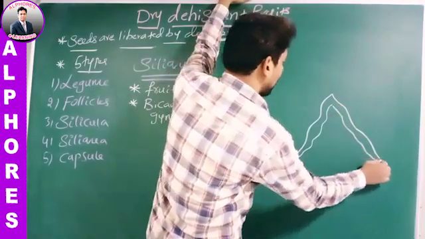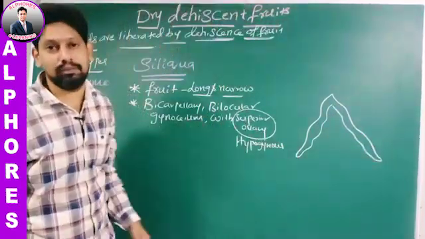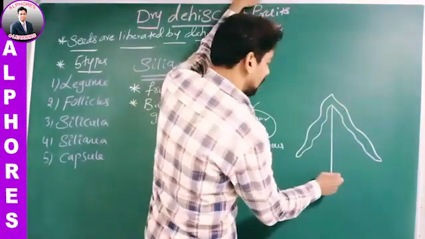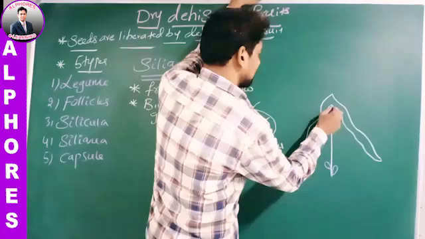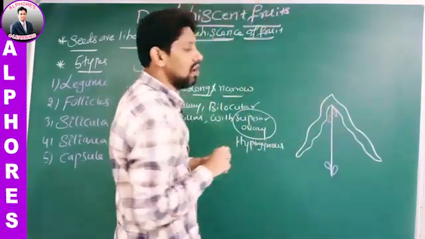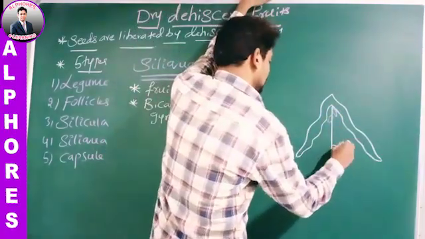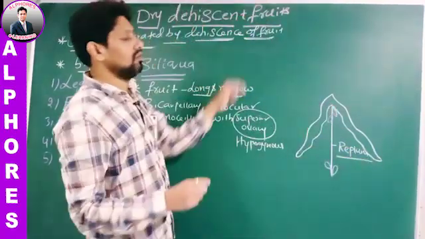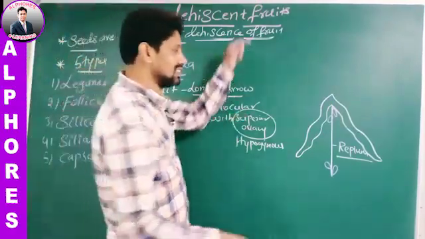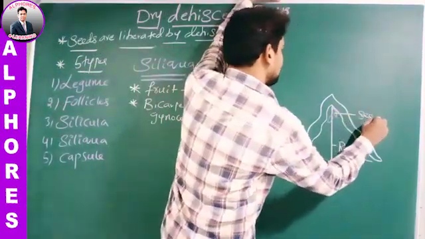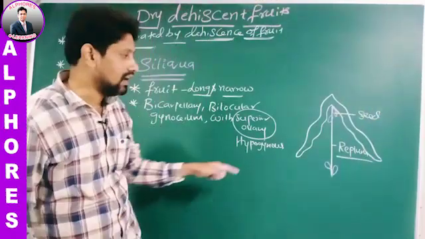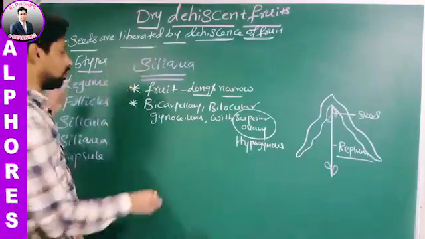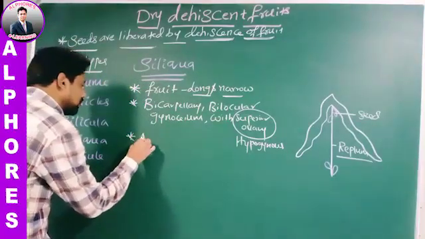The seeds remain on the replum. Replum means false septa. These are seeds, and this one is the pericarp.